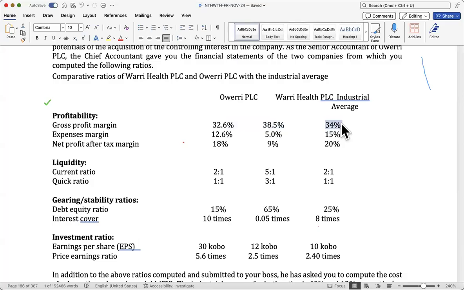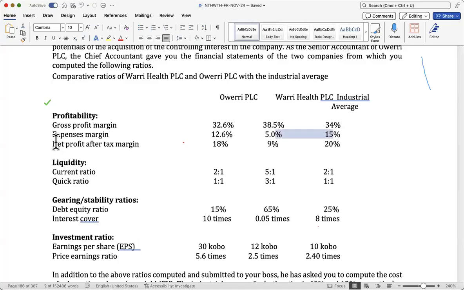You have analyzed it. You go to expenses margin, which is my expenses on my sales. So how much of my sales am I spending as expenses? Worry is doing just 5%, the industry is doing 15%. Worry is better, right?